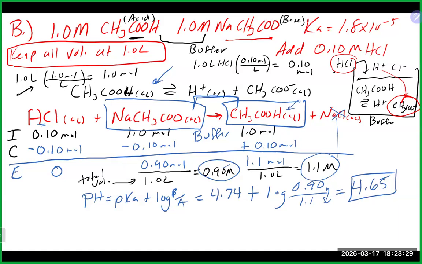Now, we talked about earlier that there is a buffer capacity and a limit to how well a buffer can work. So why don't we use this example here to illustrate what would happen if maybe you screwed up on something. So we're going to do this exact same thing.